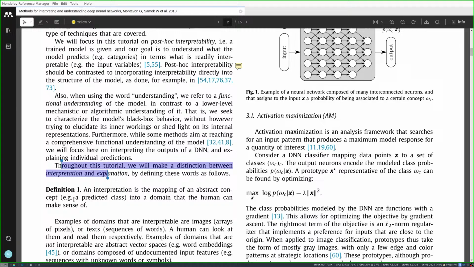Interpretation is a mapping of an abstract concept to a domain that the human can make sense of.